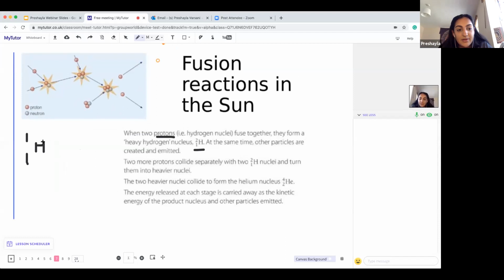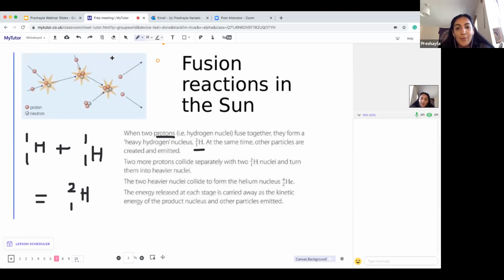And when it fuses with another hydrogen, we get... so what we see here is two protons fusing together to create a heavy hydrogen nucleus. At the same time, other particles are created and emitted. Two more protons then collide separately with two heavy hydrogen nuclei and turn them into even heavier nuclei. Those two heavier nuclei then collide to form the helium nucleus.